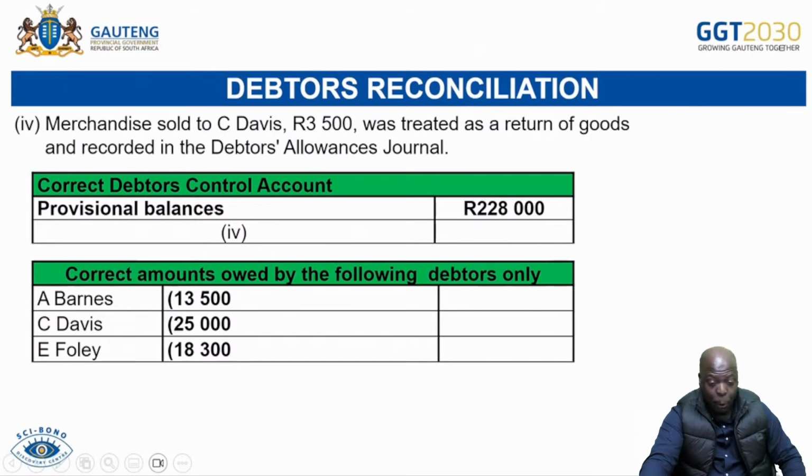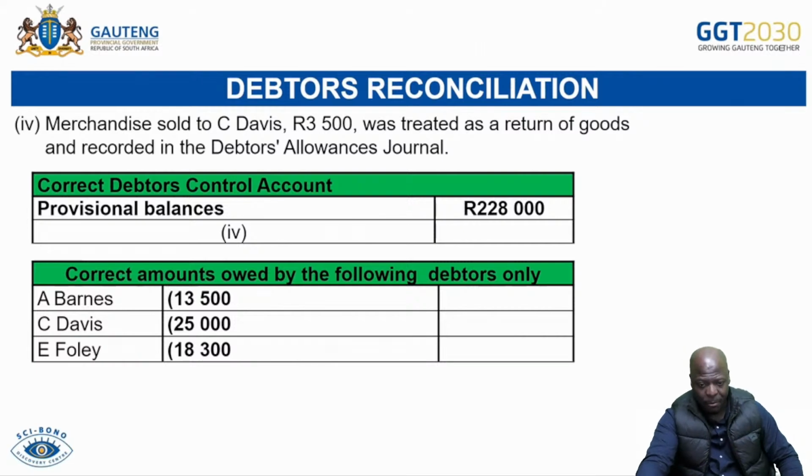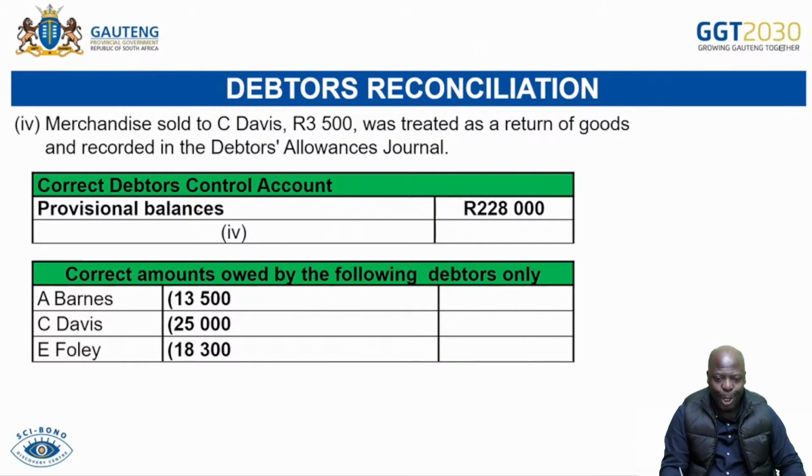Number 4 reads, merchandise sold to C Devs, 3.5. If merchandise is sold, this is a plus. That's an invoice. Merchandise sold to C Devs, that's a plus, 3.5, was treated as a return. A return is a minus, and recorded in the DAJ.